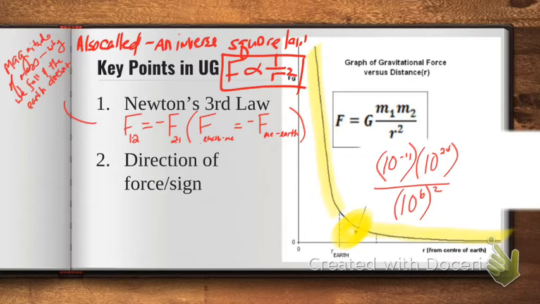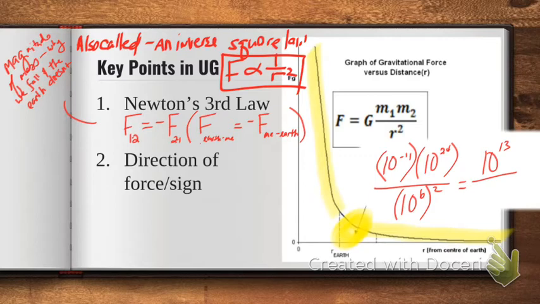Okay, exponent rules. When you are multiplying, what do you do to the exponents? You add them. On the top, negative 11 plus 24 is positive 13. What do you do when you square an exponent? You multiply. You add or subtract when you multiply or divide, and you multiply when you're squaring something.